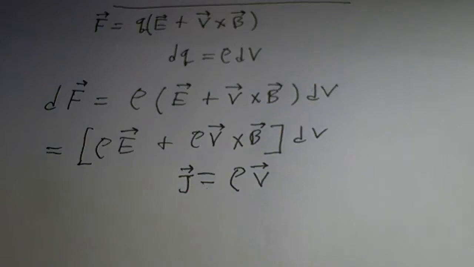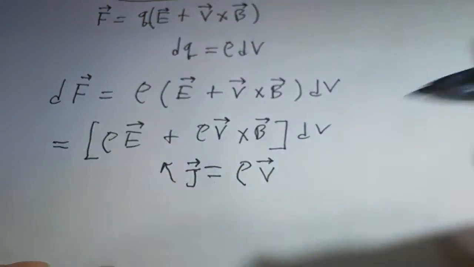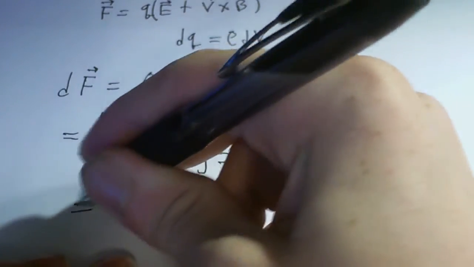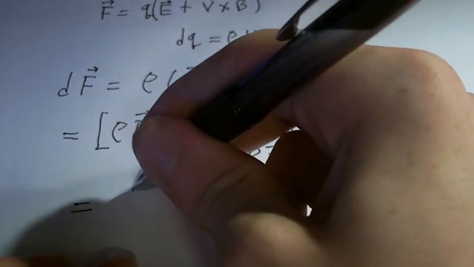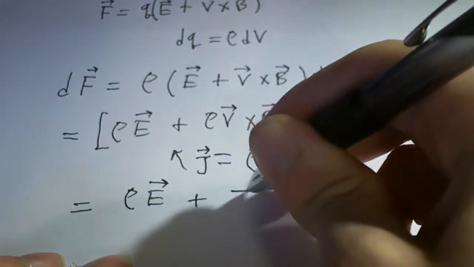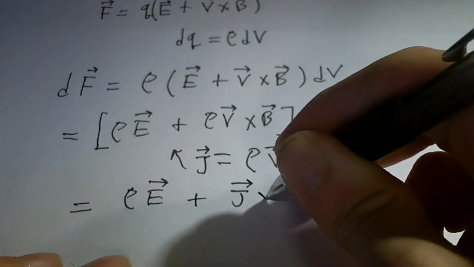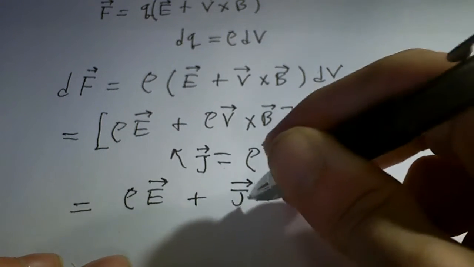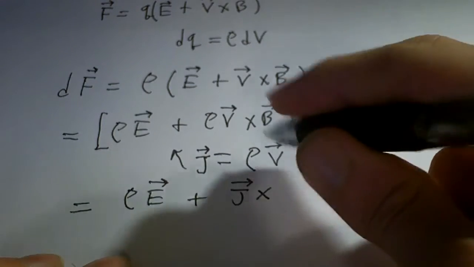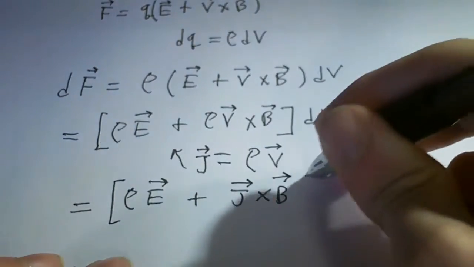So inserting that in, this is rho times electric field plus J, the volume current density, cross B, dV.